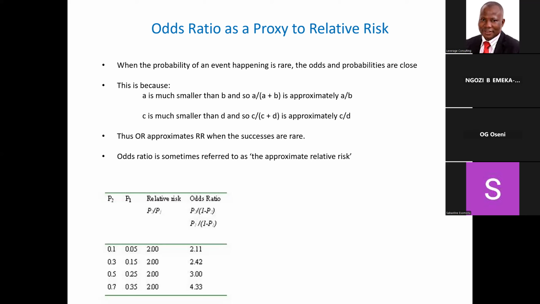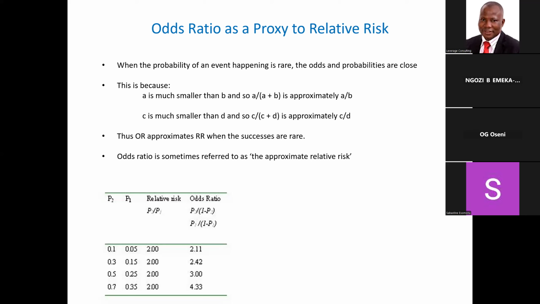So A over A plus B approximates A over B. The same thing with C over C plus D. The value of that C is so small that when you are saying C plus D, D contributes much more. So we just remove that C and just say C over D.